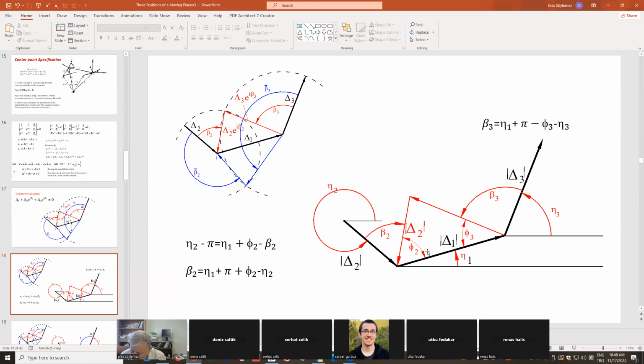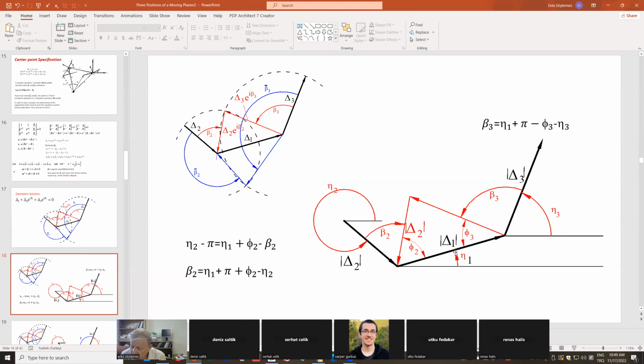Now, if I can determine these values, beta 3, geometrically, I will be able to determine like this. I'll show this one. This is more complicated.